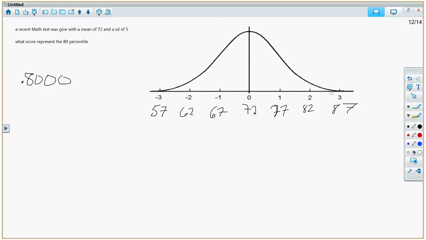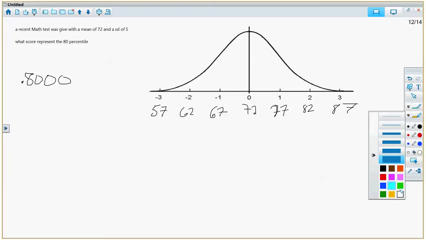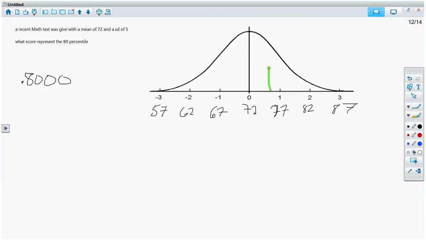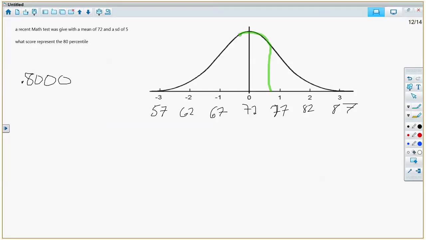And they want to know what score represents the 80th percentile. So this is what they're giving you. Take your handy dandy highlighter. 80th percentile. Well, we said this was 84, right? So 80th will be right in here. So they gave us the area is equal to 0.8000.